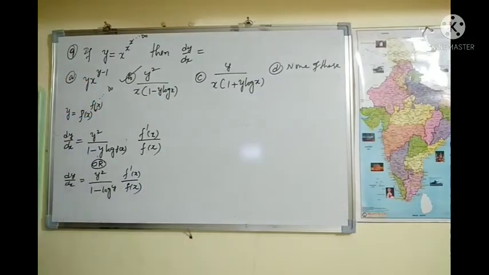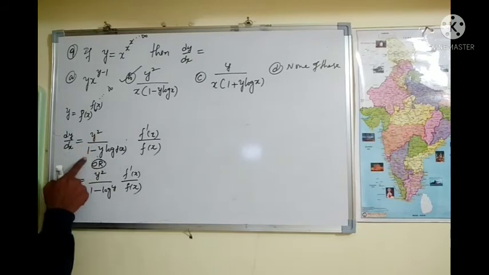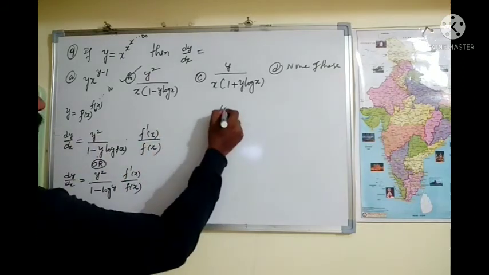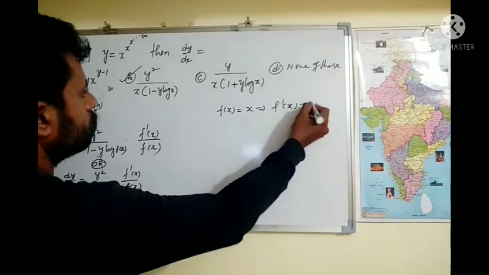Now here we can directly differentiate using that result. Suppose in the place of f of x we have the x term. Now here y square divided by 1 minus y into log of f of x. F of x is equal to x, so the derivative of this is f dash of x is equal to 1.